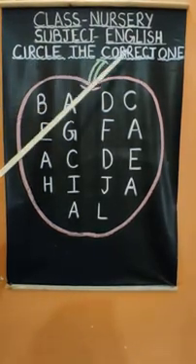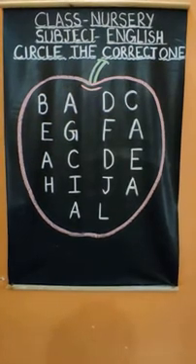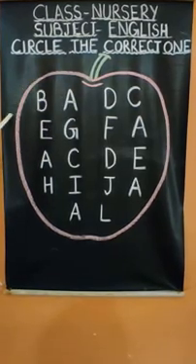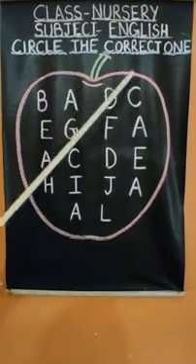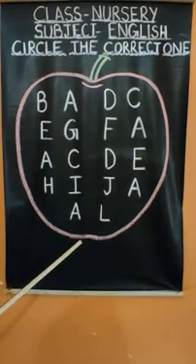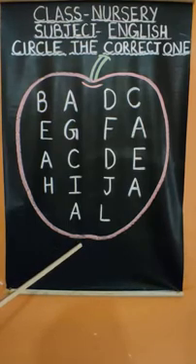Circle the correct one. इसमें आपको जो करेक्ट लेटर है उस पर सर्कल करना है. First of all, you all just tell me what is this? Which figure is this? This is an apple. What is this? This is an apple.